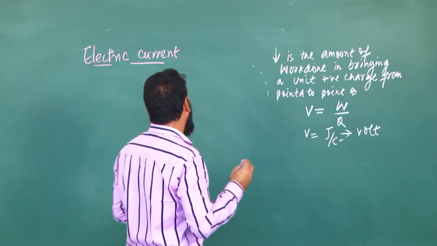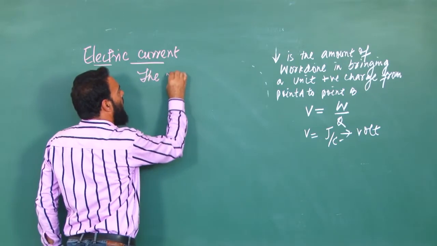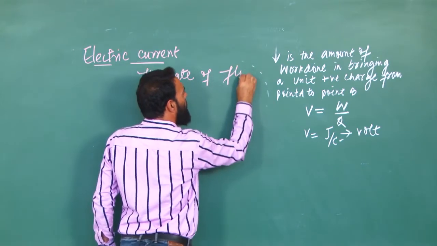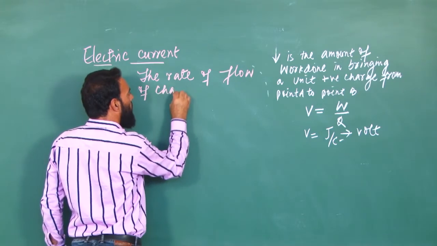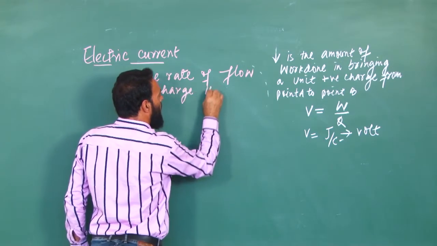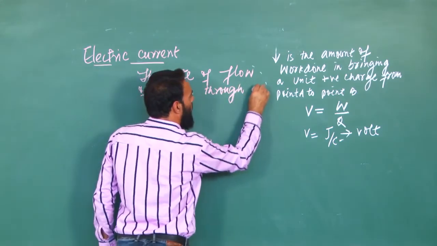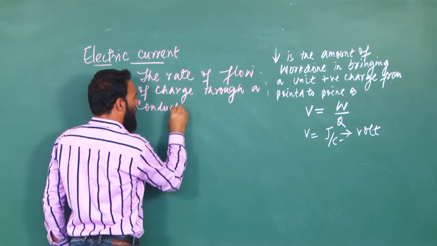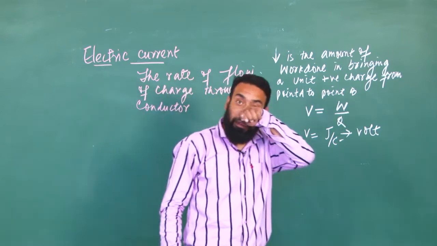So electric current is defined as the rate of flow of charge through a conductor. Rate of flow of charge through a conductor is called an electric current.